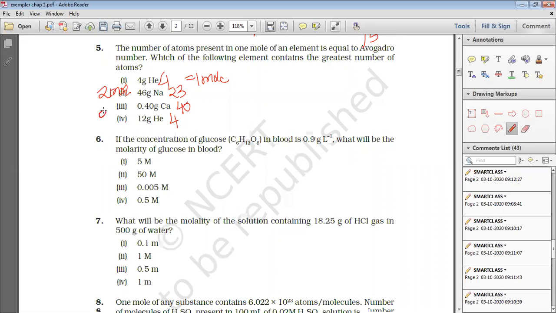This is 0.1 mole. Yes or no? And this is going to be 3 mole. Now you can easily answer. Which of the following element contain the greatest number of atoms? किसमें greatest number of atoms होंगे?